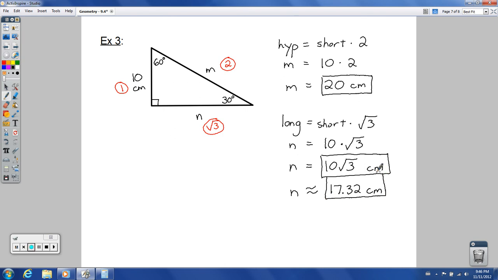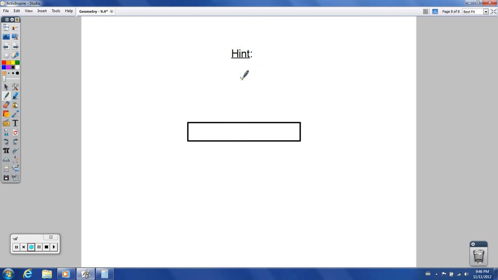And there will be times when you're given one of these other two and you have to go back to these. But we'll do some of those in class. We'll practice some of that. But from here, let me give you one hint. This hint will help you with a couple of potential classwork problems. These may be problems that you have to do in class or at home if you don't finish them in class.